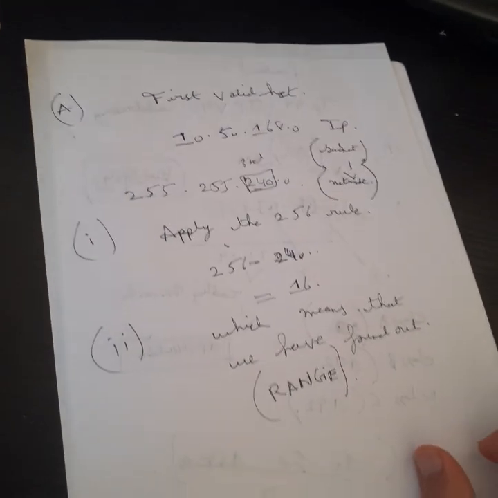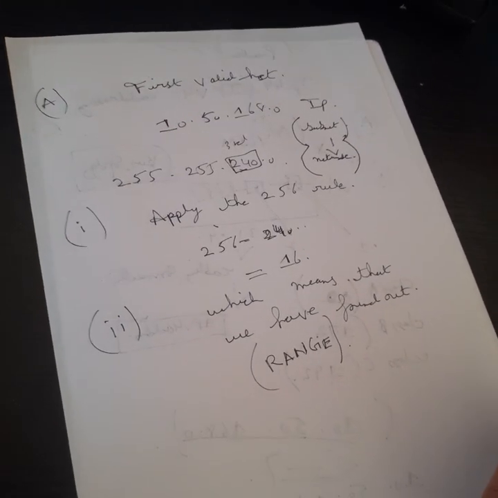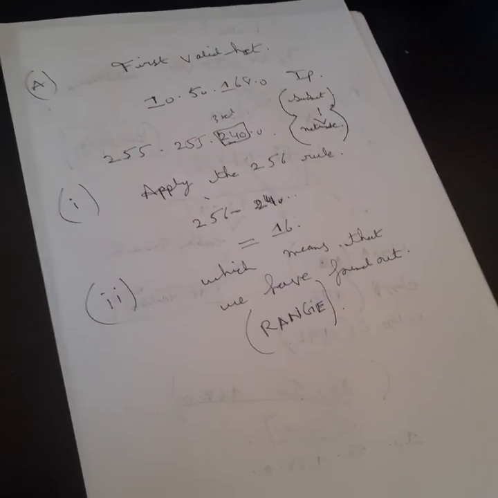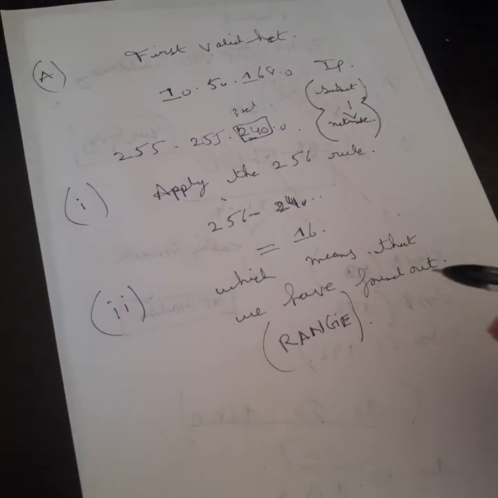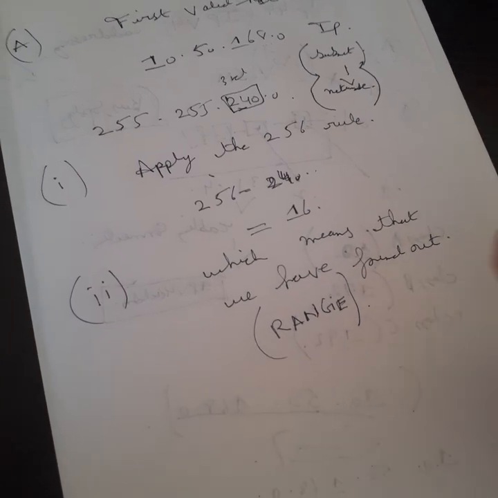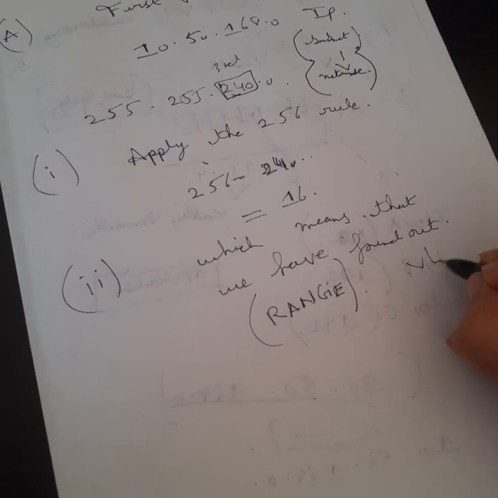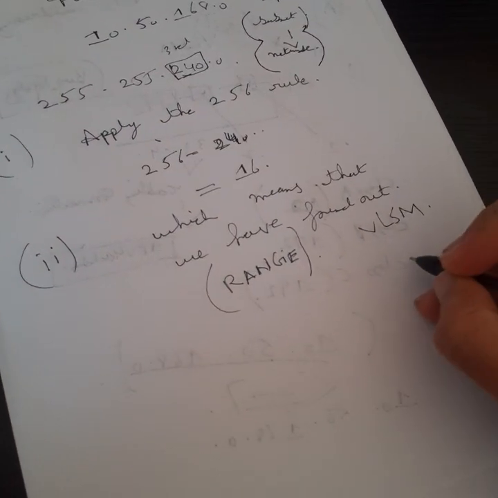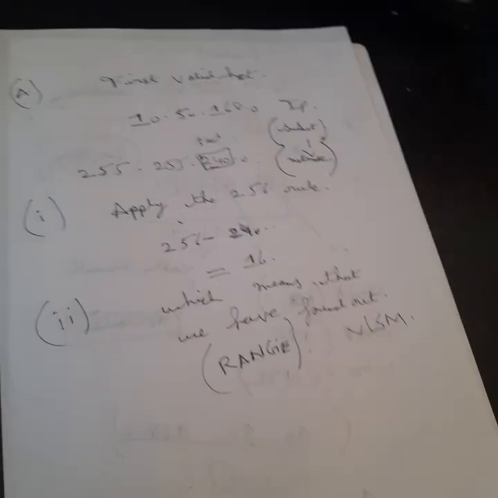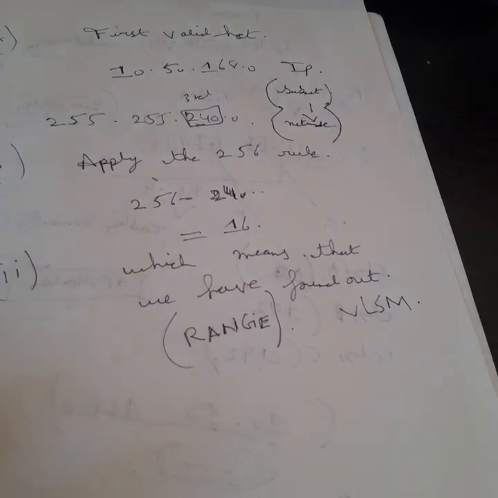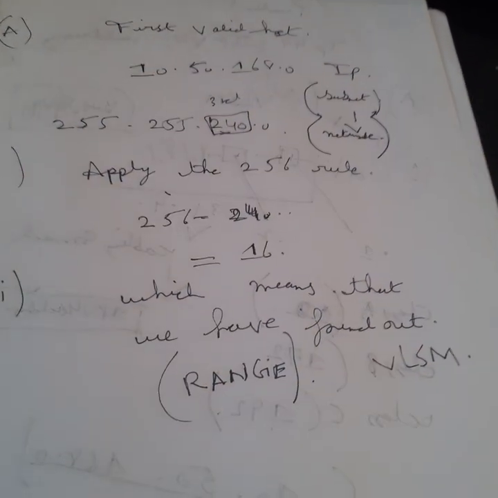A range is a concept which is very important, especially in IPv4 videos. You need to understand ranges even to move forward into VLSM or a lot of other concepts. So I'll just stick to VLSM and IP addressing at the moment.